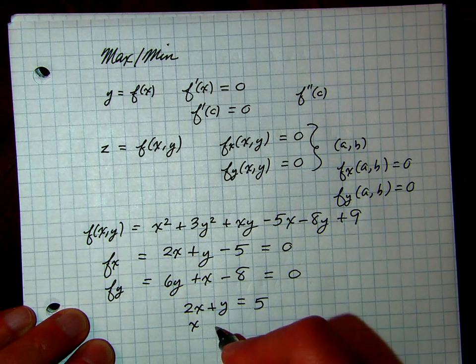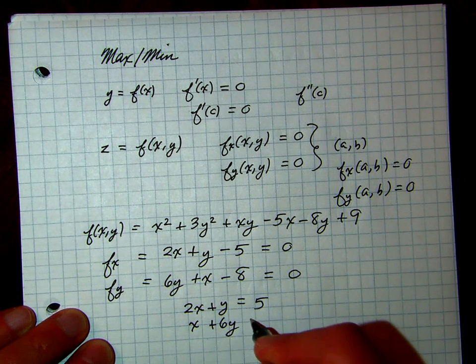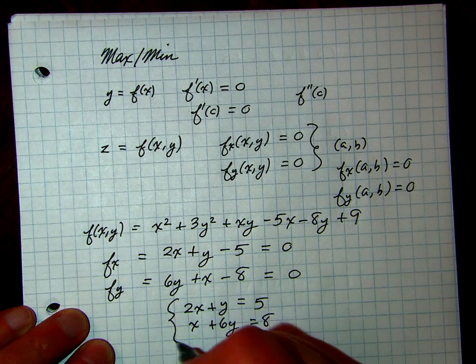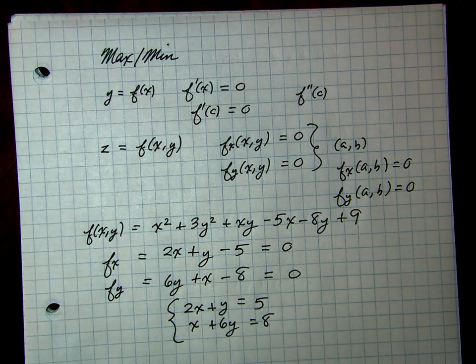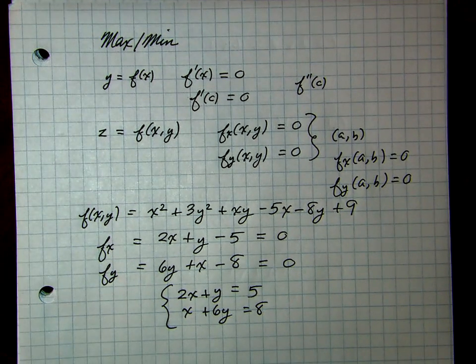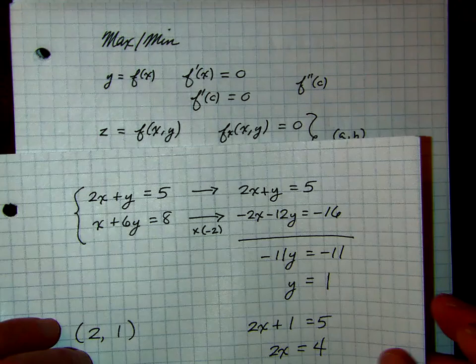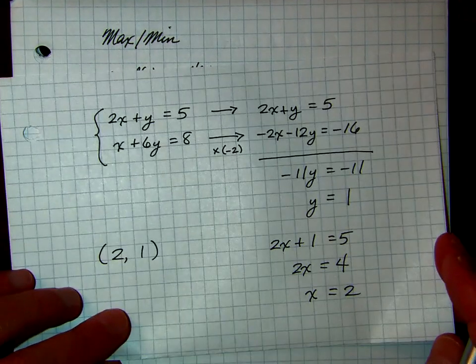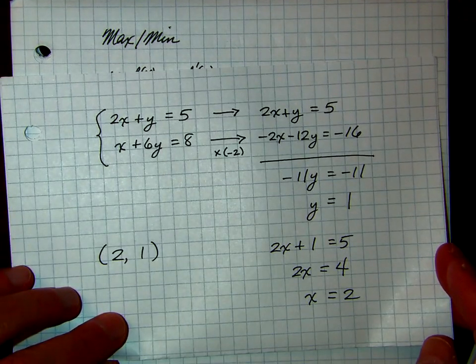You have x plus 6y equals 8. And I assume you know how to solve a system of two equations in two unknowns. Just to make it slightly more convenient for you, I will go ahead and show you that's the solution that gives you both of those results.